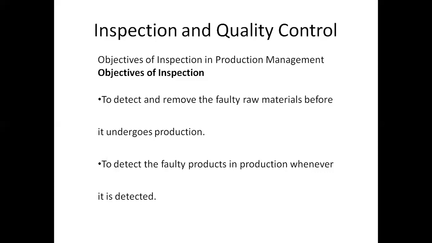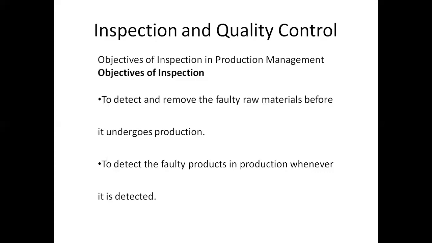For example, power stations require coal of a certain standard. So these coals are tested as soon as they are sent to the power station, whether they meet the required quality or not.